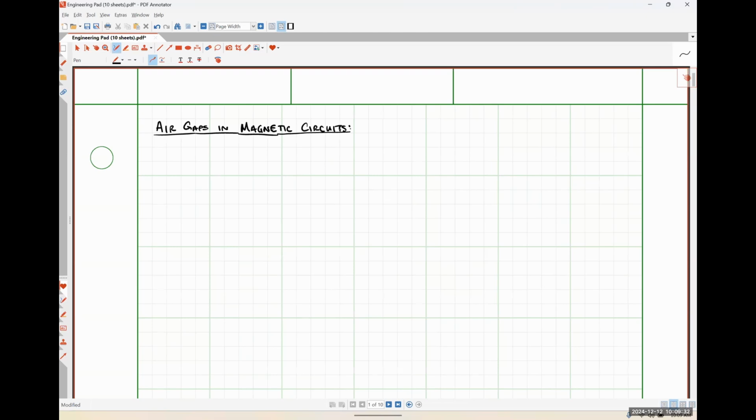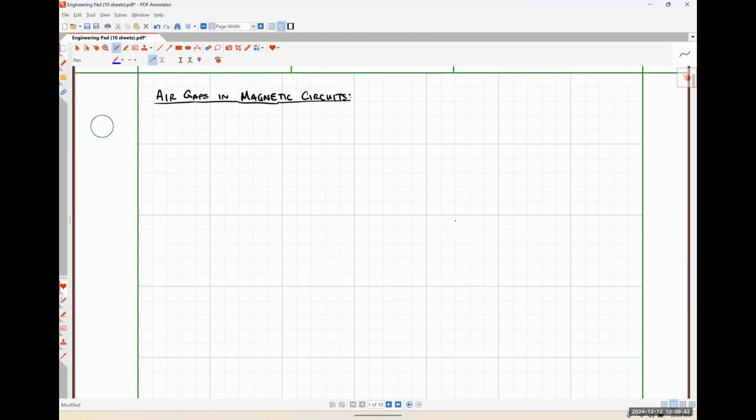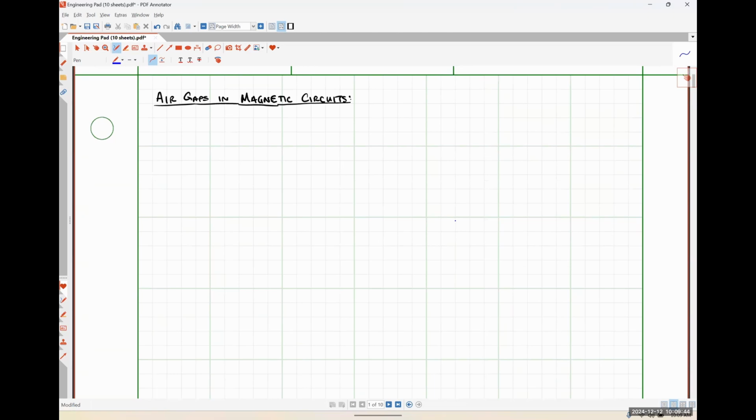All right. So I'm going to draw a core with an air gap here really quickly. And I want you guys to note that the air gap in this particular figure is greatly exaggerated. Typically speaking, they are very, very small, so that we don't have a whole lot of flux leakage.